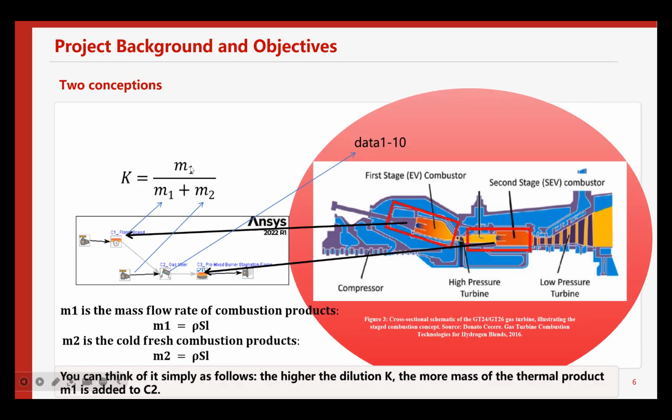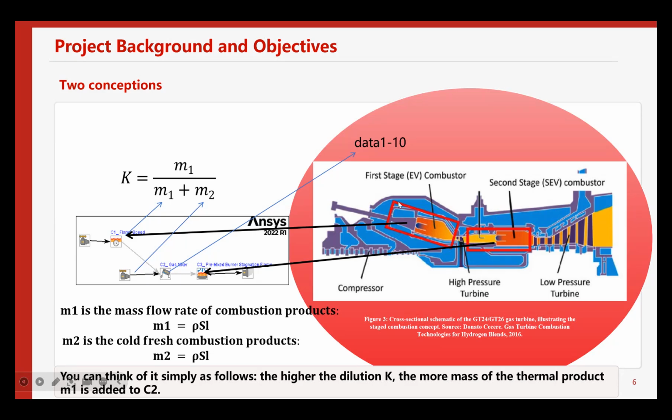And the next concept is about classical combustion. You can see from the picture, the M1 is from the C1. It's after the combustion, a product from C1. And the C2 is from the inlet, the cold fresh combustion products, and they are indicated by the two rows.